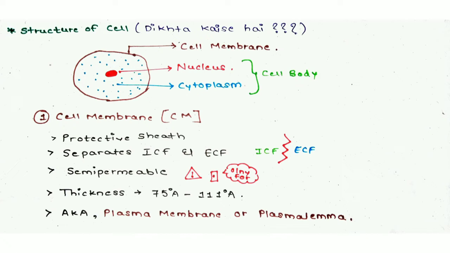Only specific substances can move in and out through the cell membrane. The thickness of the cell membrane is around 75 angstrom to 111 angstrom, and it has various names like plasma membrane or plasmalemma.